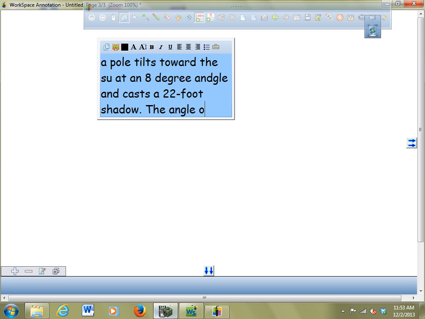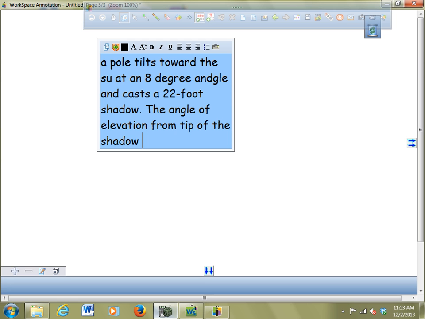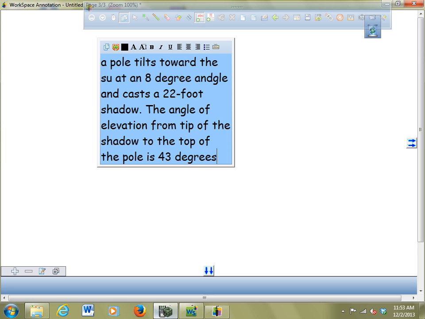The angle of elevation from the tip of the shadow to the top of the pole is 43, I'm not sure how to put it, degrees. How tall is the pole?